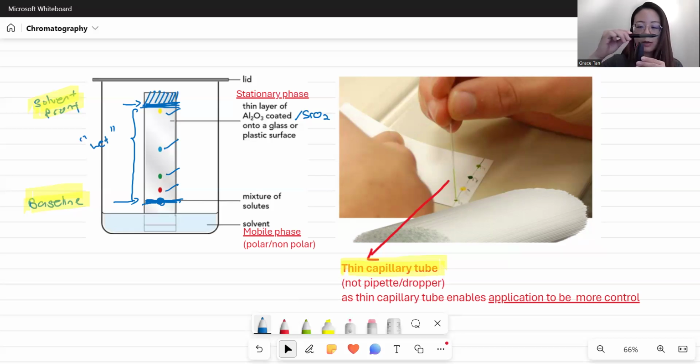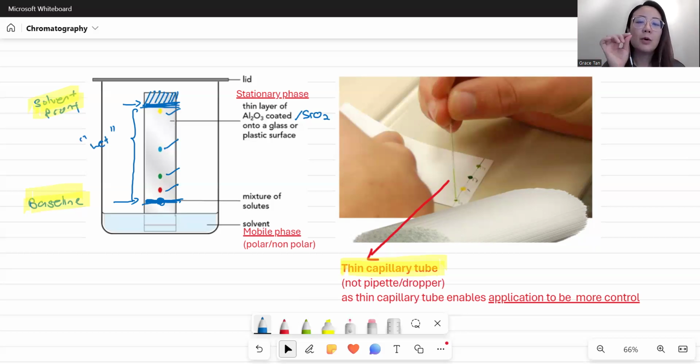It's a tube, you heat it, and the glass would melt. So when it melts, I need you to pull the glass apart, and it becomes very, very fine. At one point of time, it's going to be too thin. Immediately after that, you take it off the fire, and I need you to snap it apart.